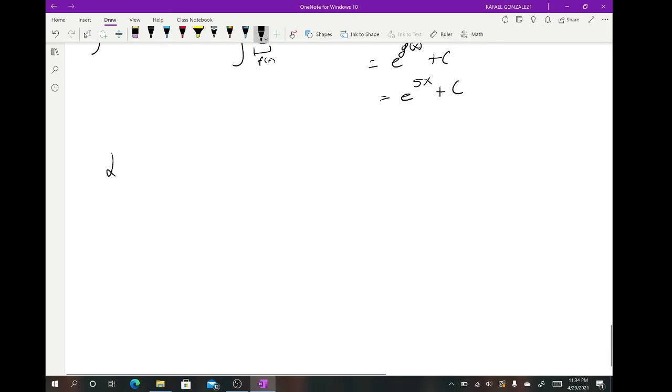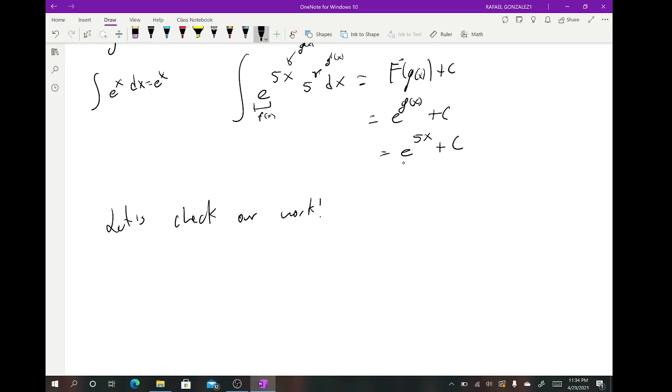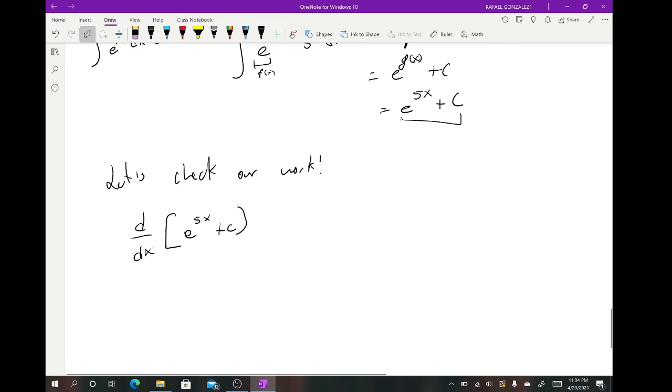So let's check our work. How do we check our work? We simply take the derivative. We'll take the derivative of this. So we'll do d dx of e to the 5x plus c, which is equal to the derivative of e to the 5x, right, plus the derivative of c with respect to x.